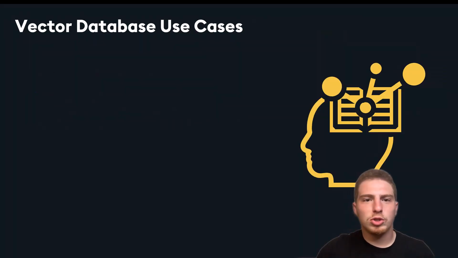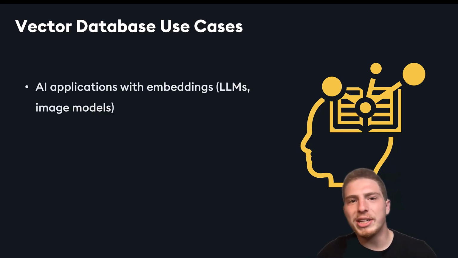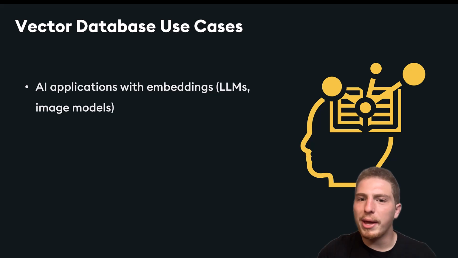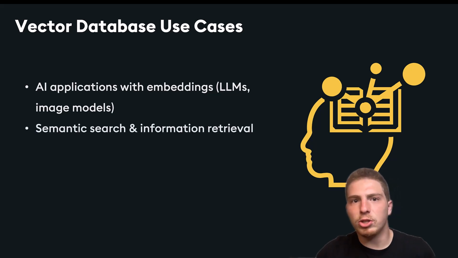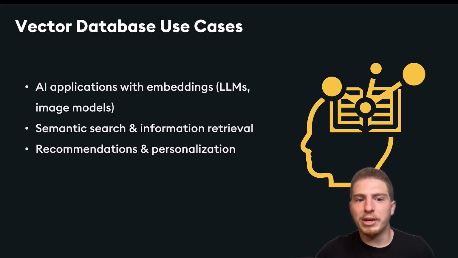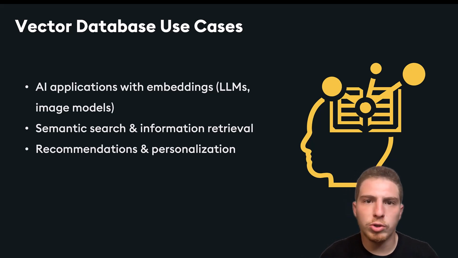Whenever we are interacting with our database in some way, we're using the API, even if it's indirectly through a Python client. So what are some use cases for vector databases? Whenever you're building AI applications with embeddings, including semantic search and information retrieval, vector databases are usually a really good fit. Also, if you're doing recommendations and personalization, for example, let's say your user is reading an article or seeing an image, you could recommend similar articles or images to them with a vector database and similarity search.